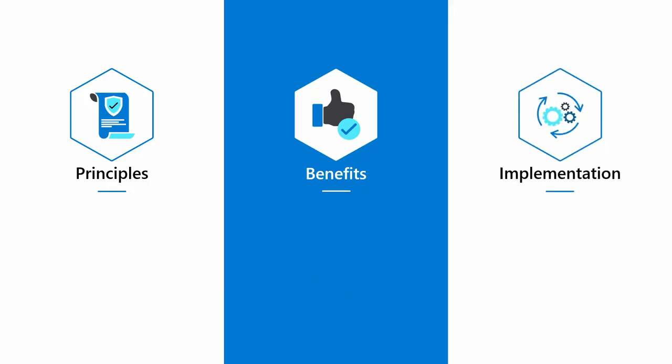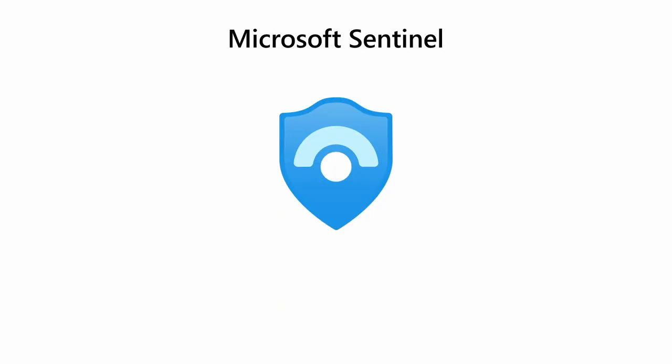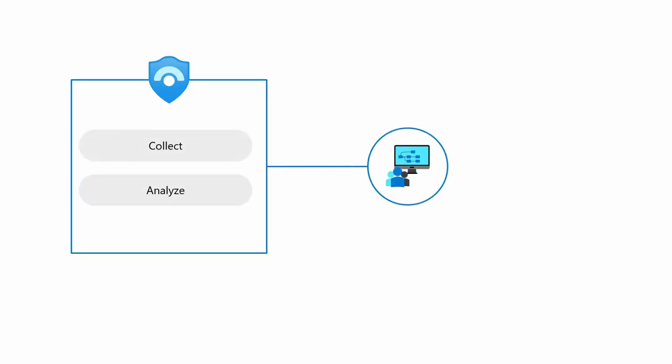But what about its implementation? As you might have been able to tell from preceding examples, one way to implement it is by deploying Microsoft Sentinel. If you've gone through the earlier courses in this program, you should already be familiar with Microsoft Sentinel. It's an ideal partner for the VAST methodology because it excels at collecting and analyzing the data the VAST approach relies on to identify cyber threats.